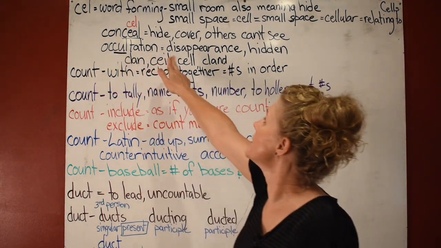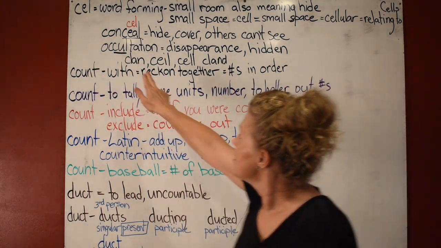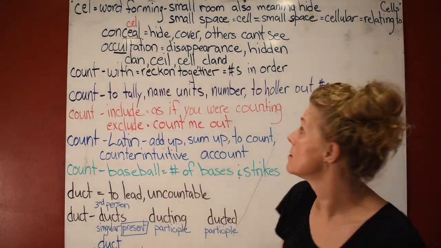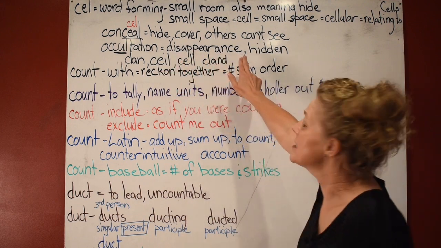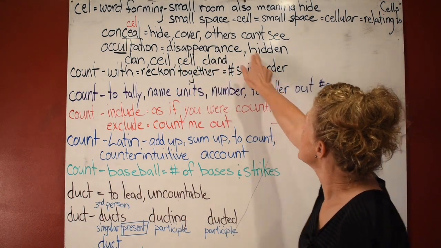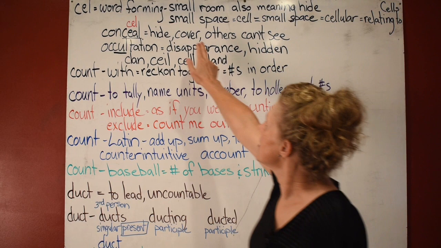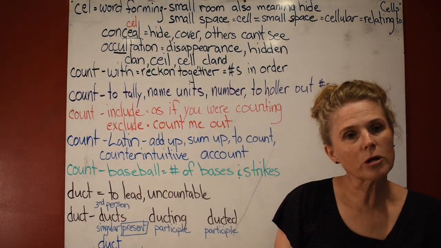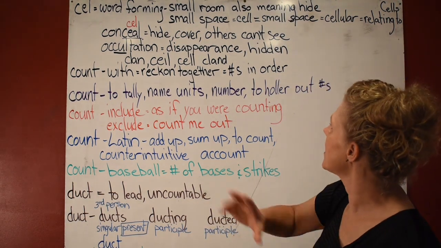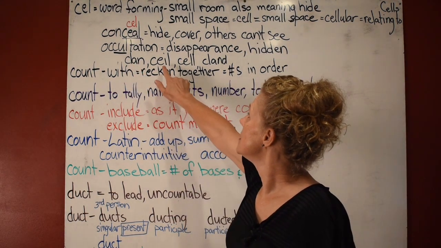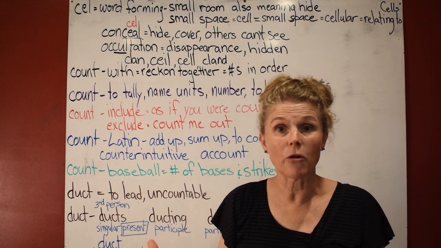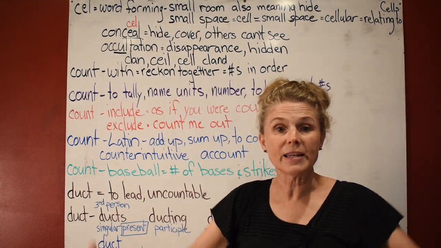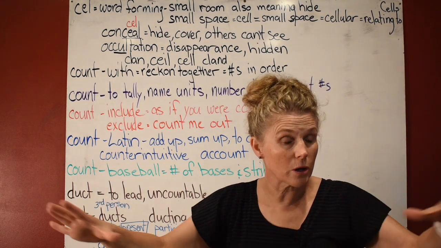So like the occultation right here, the cul is very similar and it means disappearance, hidden. See how you can't see? It's hide, covered. They're very similar. So these are words that fit into that area. Clan, seal, how you would spell the word ceiling. You're putting a ceiling on your roof, and it's now hiding what's going on.